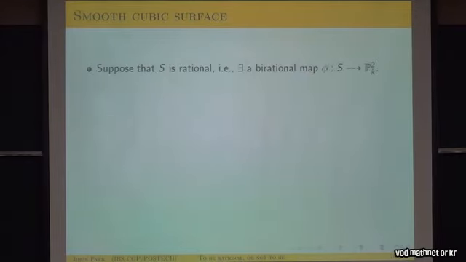All right, so why? Let me briefly explain how to prove this. Suppose it's rational. That means there is a rational map from S to P2 defined over K. From now on there are some technical things, so you can just enjoy.